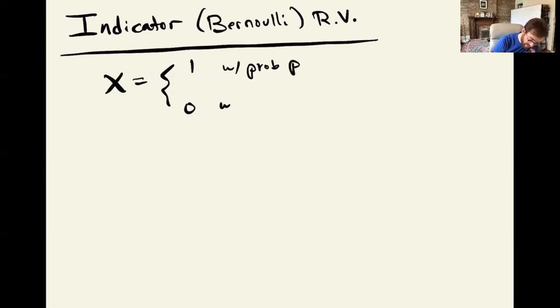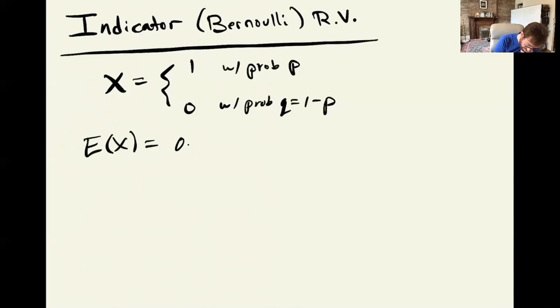And then it's 0 with probability q, which is 1 minus p. So again, we know that the expectation of x is just going to be 0 times the probability that it equals 0, which is q, plus 1 times the probability that it's 1, which is p.